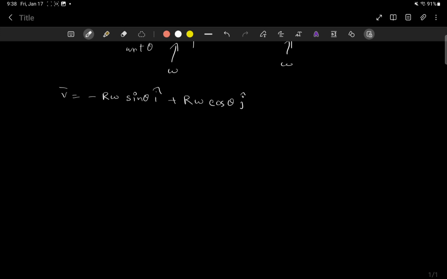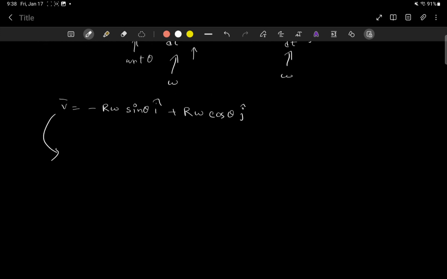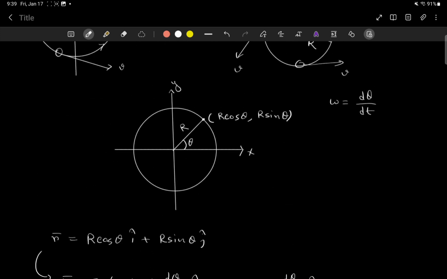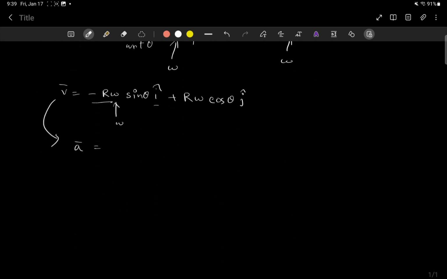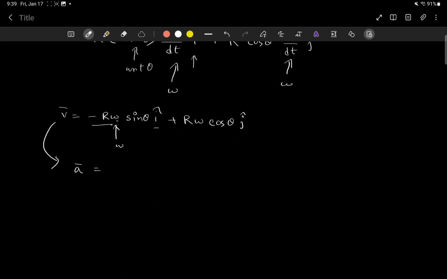What we can do right now is differentiate again to get the acceleration. These are constants, and you know why I said omega is constant and why I used uniform circular motion: because omega must be constant. So minus r omega sin theta will be differentiated to cos theta, and i cap stays the same.